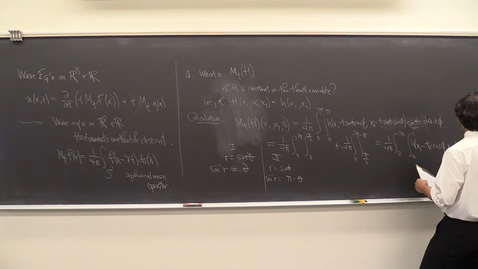So you get this 1 over the square root of 1 minus r squared dr d phi.